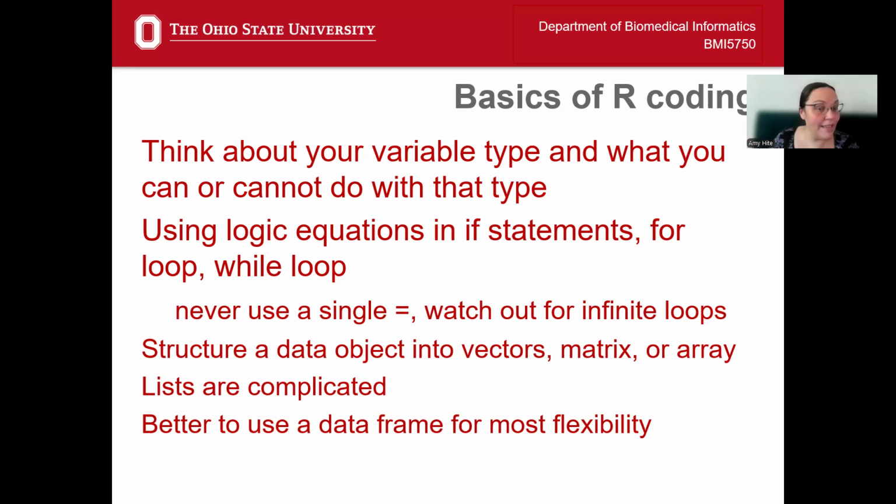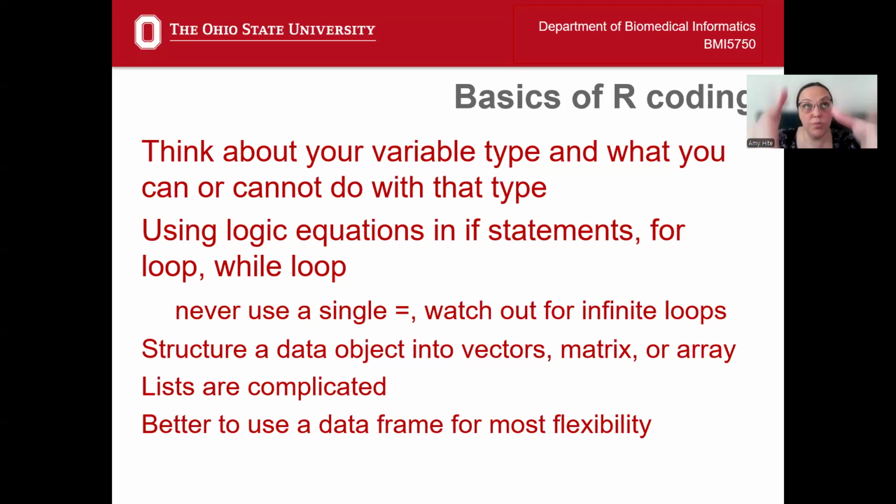We also learned about lists. Lists give us the most flexibility in a complicated system. If you want to package lots of different objects, you can put them in the list and they'll all be in one variable. And then we talked about at the end of Tuesday that we can use a data frame for the most flexibility because each column is a different sort of measurement, and each measurement could have a different type.